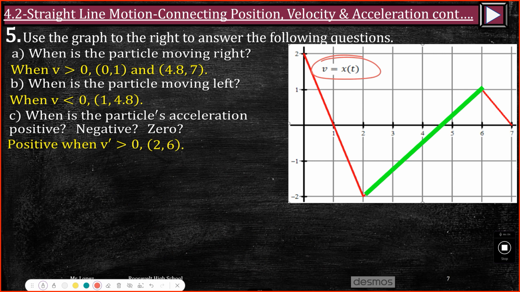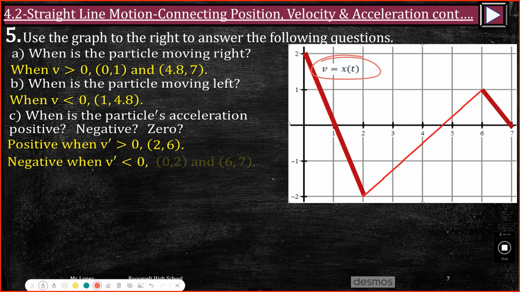So then when would it be negative? 0 to 2 and 6 to 7. And when would the acceleration be 0? When velocity doesn't change.